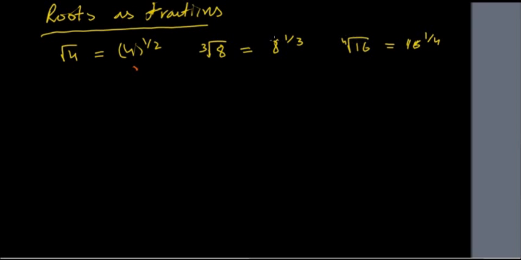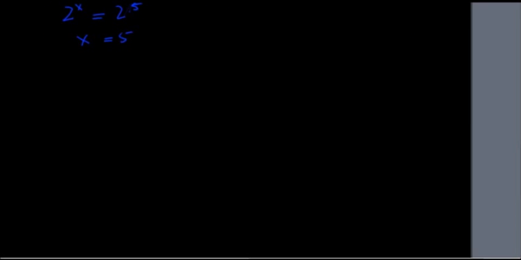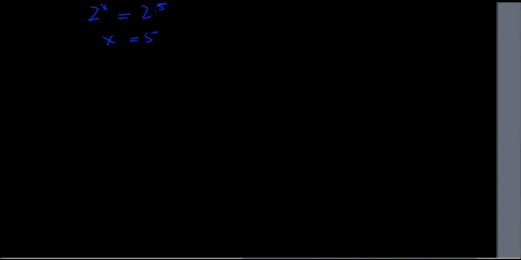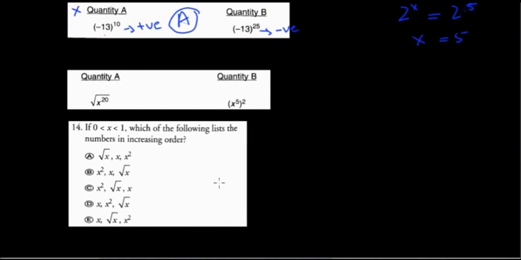Alright, let's do an example problem now on roots. We'll do again a quantitative comparison question. So I have the square root of x to the 20 in column A, and here I have x to the 5, to the 2 in column B. Column B is easy. This is one of the rules of powers, right? We have x to the 5 to the 2.